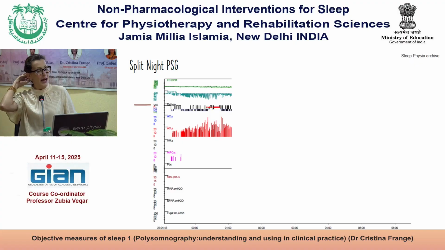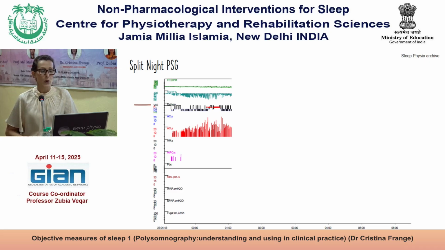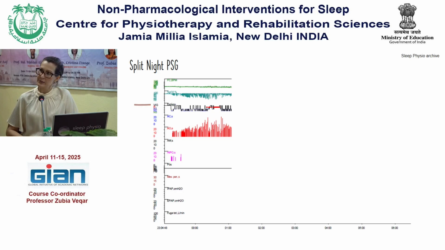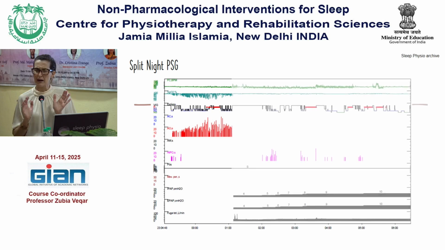So, coming to an end, we are now seeing a different montage of polysomnography. This is called split night PSG. Split night means half of the night is a baseline PSG and half of the night is a PAP titration.